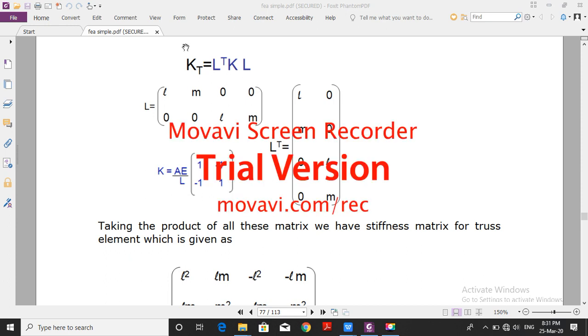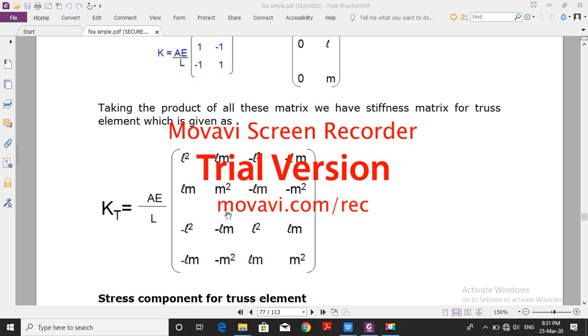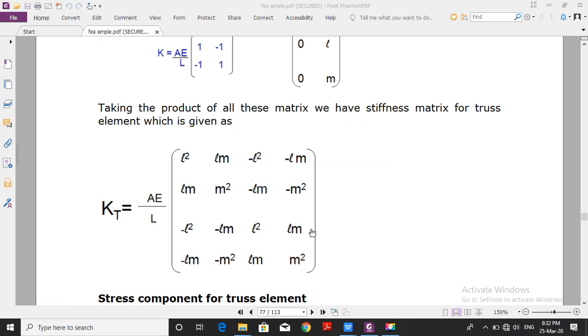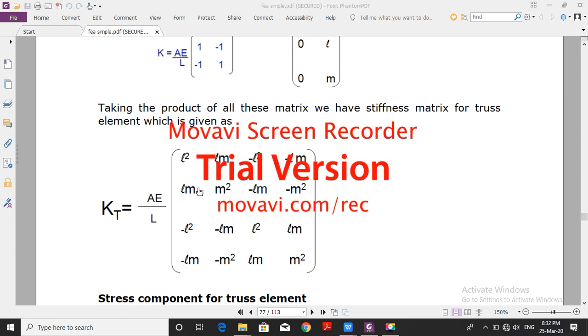If we arrange these three matrices in this order, then after multiplication we will get this kt, that is the element stiffness matrix for the truss element: l square, lm, lm, m square. So we can see this arrangement like this one.